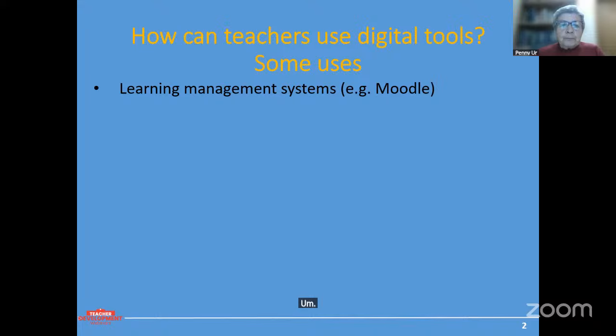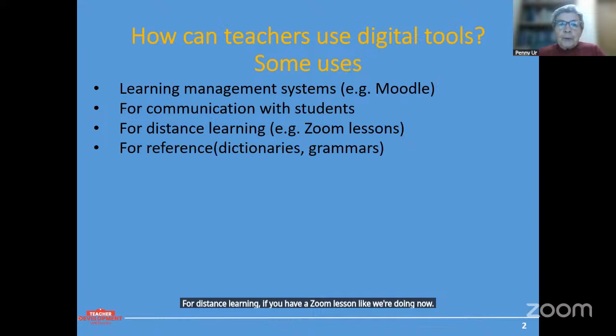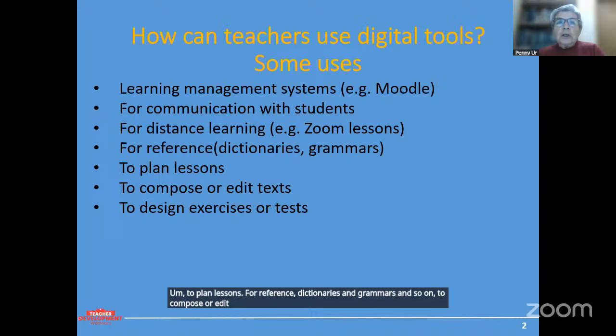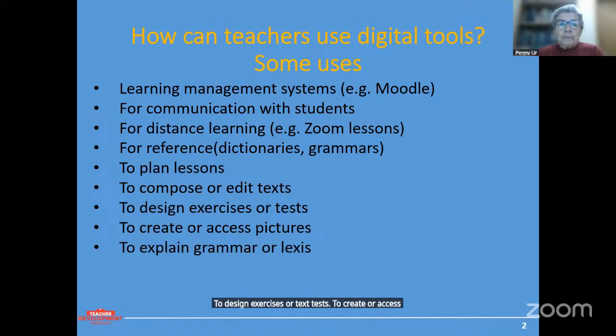For communication with students, for distance learning, if you have a Zoom lesson like we're doing now, to plan lessons, for reference, dictionaries and grammars and so on, to compose or edit texts, to design exercises or tests, to create or access pictures, to explain language, and for correction.